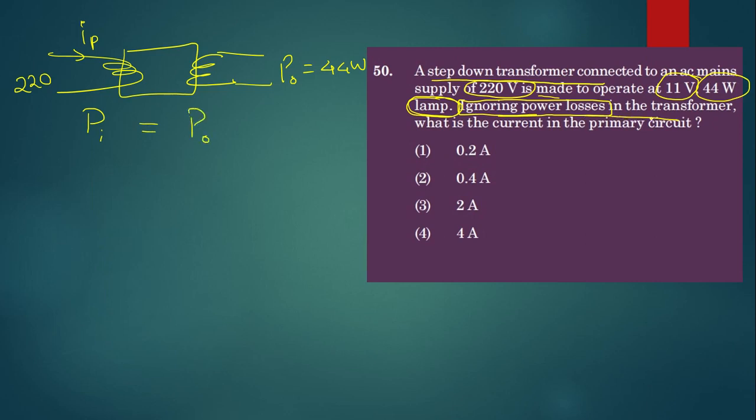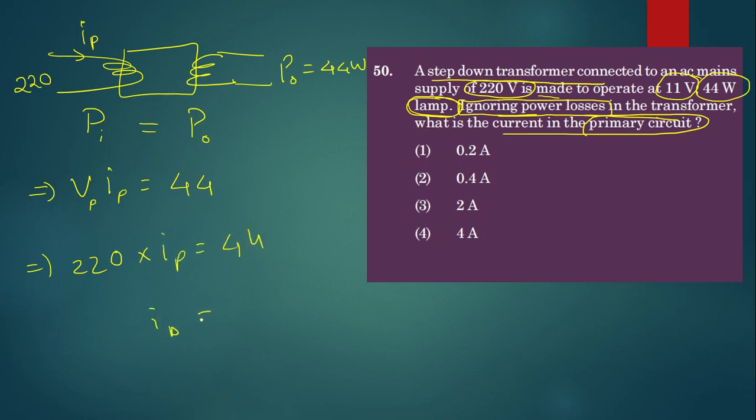Under this case, what will be the amount of current in the primary circuit? That's the question. So let me write down the expression for the power. Vp multiplied by Ip equal to 44. Vp is 220 multiplied by Ip equal to 44. So Ip will be equal to 44 divided by 220. So the answer will be option 1. Thank you.